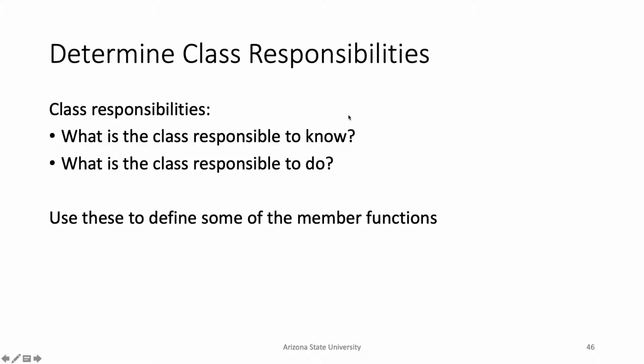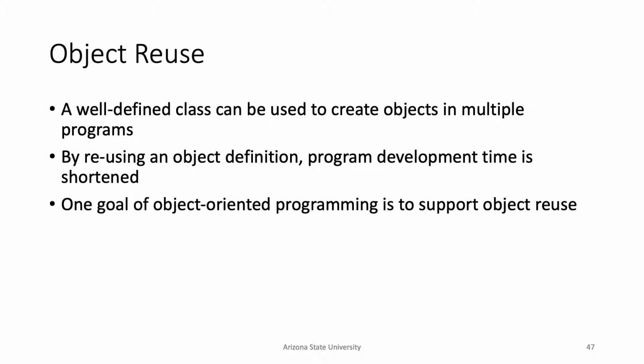And then you also need to figure out, well, what things should this class know? Should the ASU student class know, for example, other professors' names? Maybe in some circumstances you might, and maybe not in others. So that's another thing you may want to think about when you're making classes.